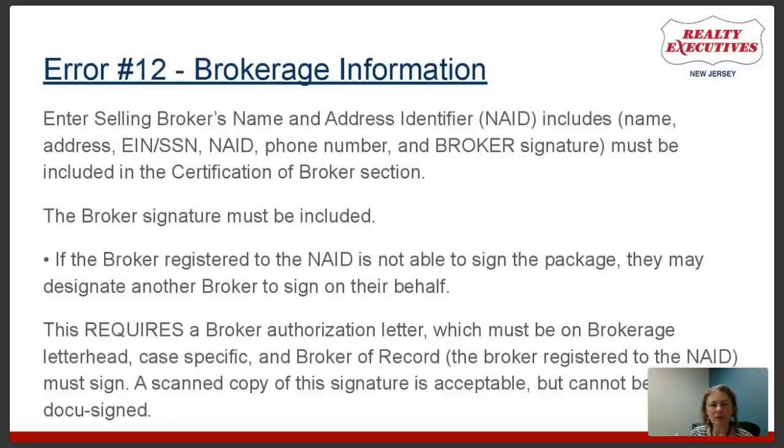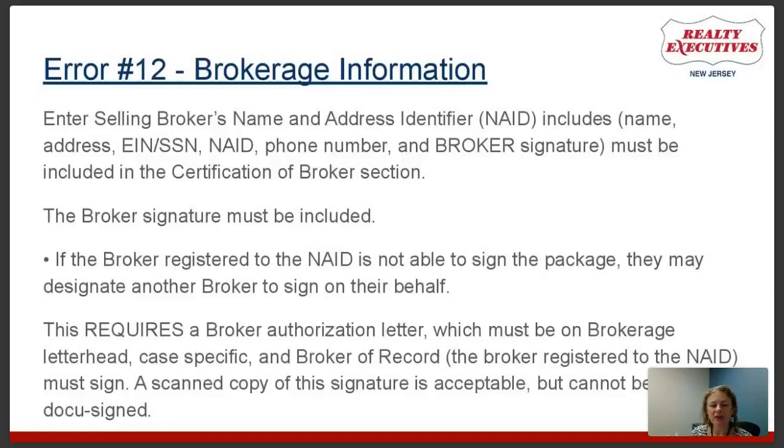Now, there are offices that may not have the possibility of getting the broker's signature for every contract. But if that is the case, then there is a form where the broker can designate someone else to sign on their behalf.